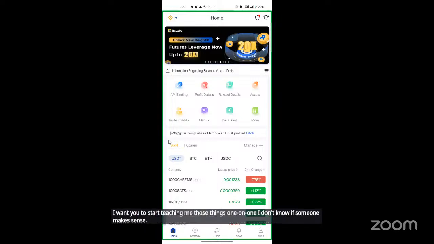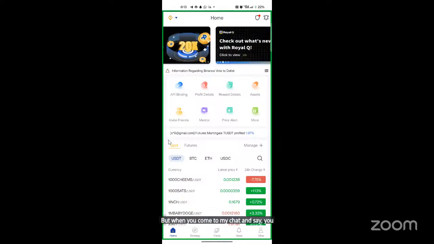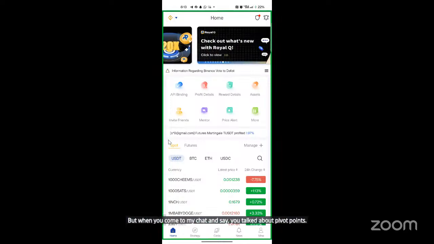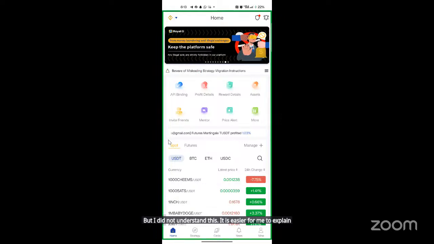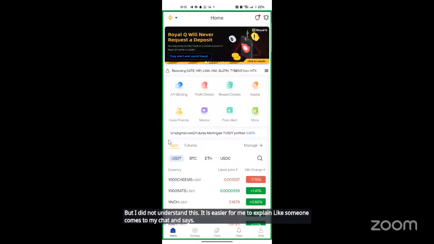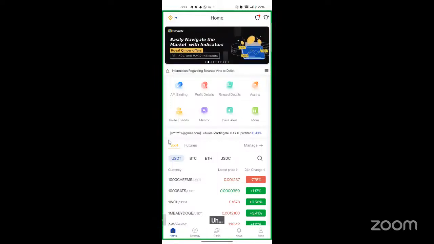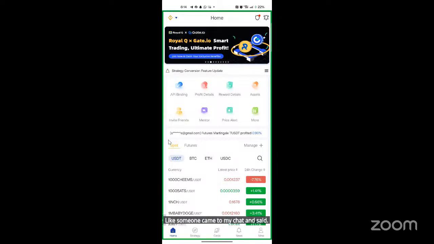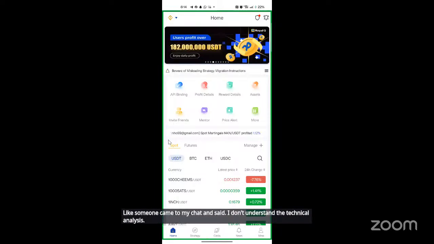But when you come to my chat and say, you talked about pivot point, but I did not understand this, it is easy for me to explain. Like someone came to my chat and said, I don't understand technical analysis. Could you start from zero?